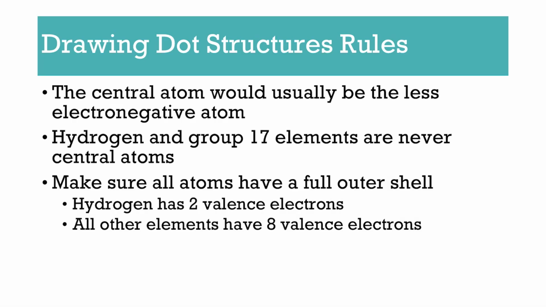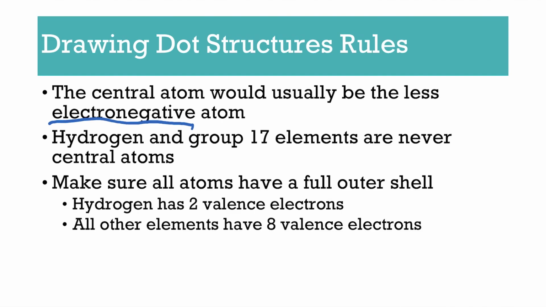Okay, so let's start with the rules. If we were going to look this up in a textbook it would say 1. The central atom would usually be the less electronegative atom. Remember when we talked about electronegativity, that's the want for electrons, and this value can be found on table S. Rule number 2, they would say, hydrogen and group 17 elements are never central atoms.